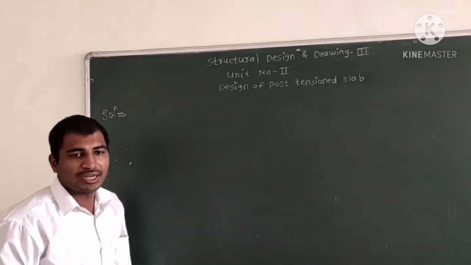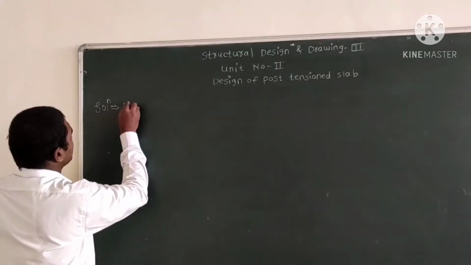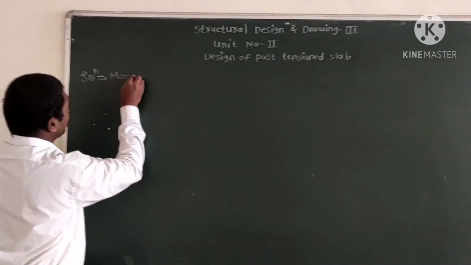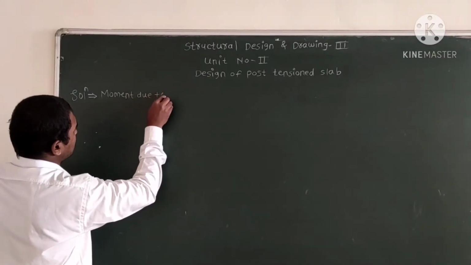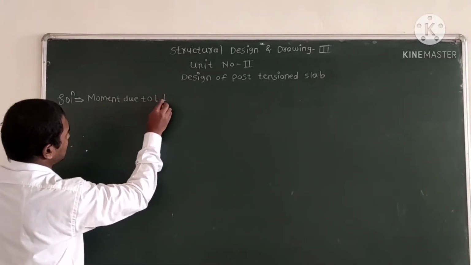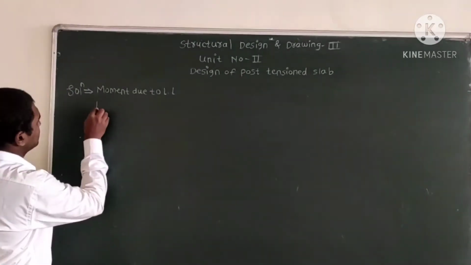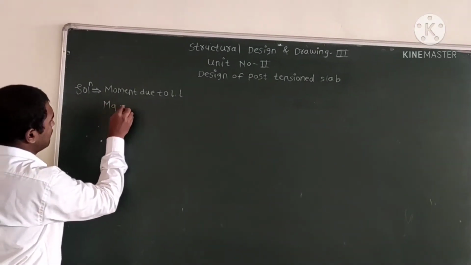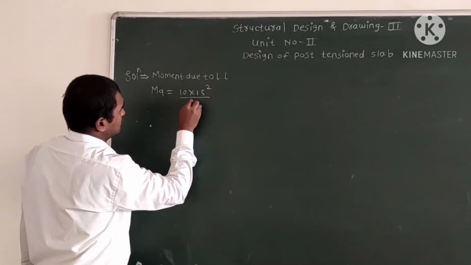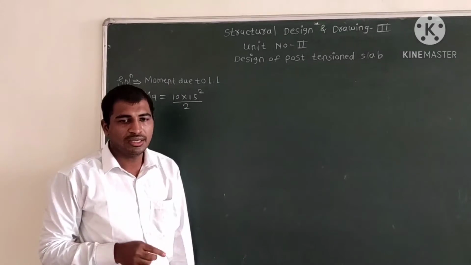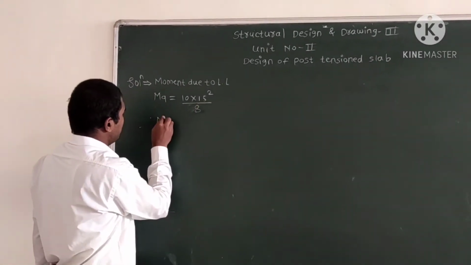First of all, the given data. Moment due to live load, MQ, is equal to WL square by 8.